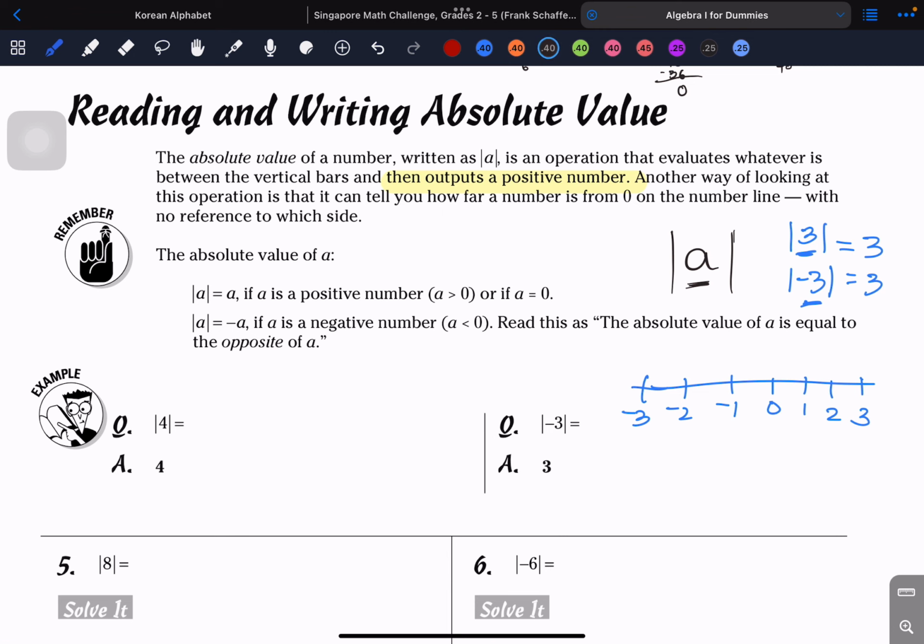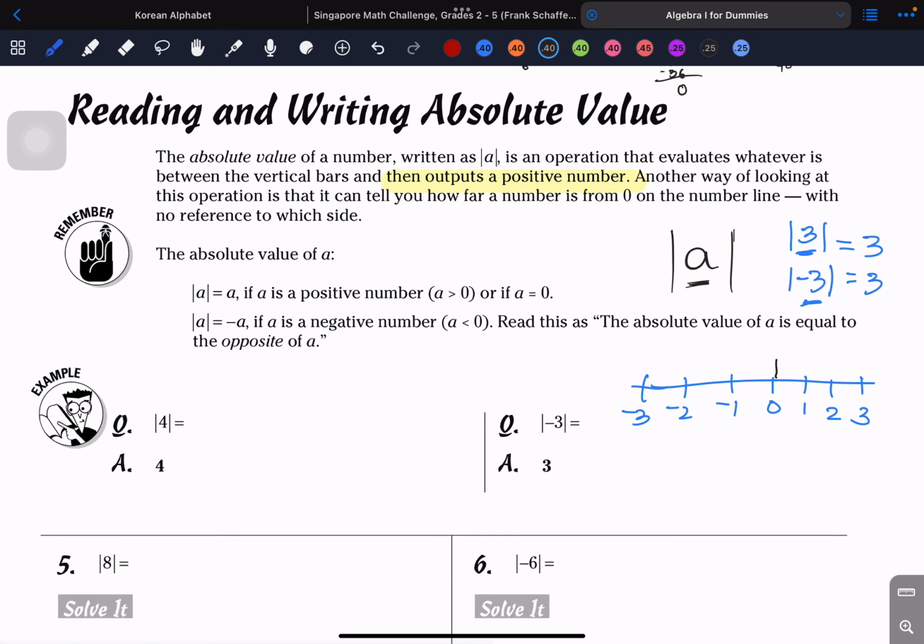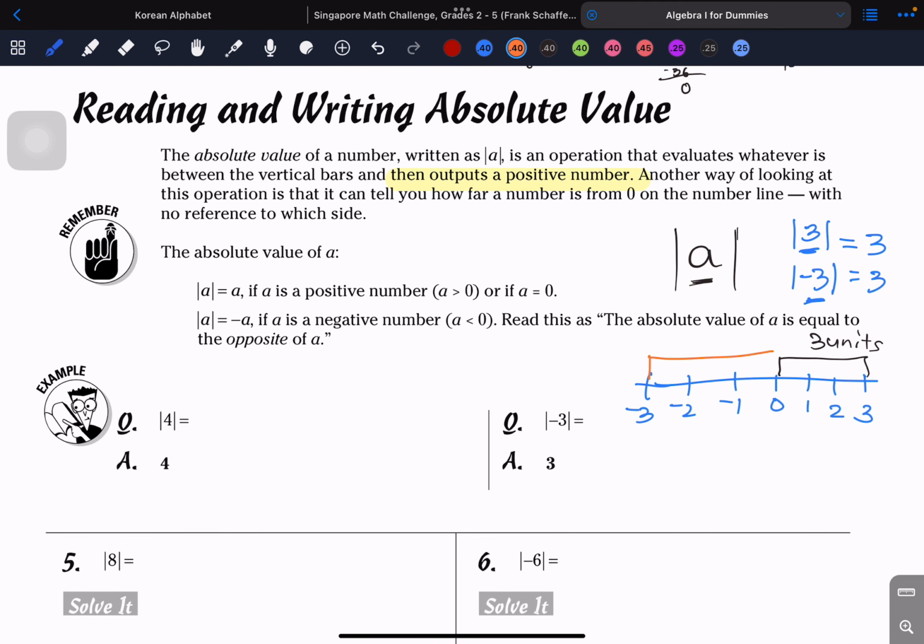If you count the distance from 0 to 3, that's 3 units. If you count the distance between negative 3 and 0, that is still 3 units. So, yun lang actually yung concept ng absolute value. Gaano lang kalayo sa 0 ang iyong numero sa iyong number line.